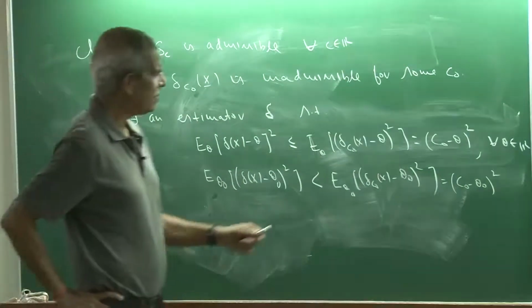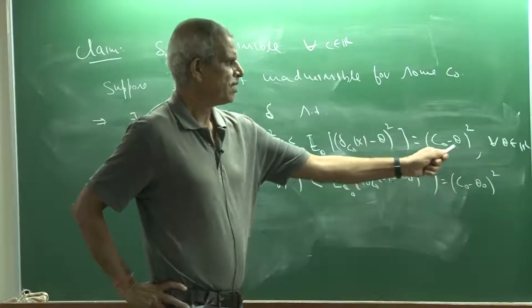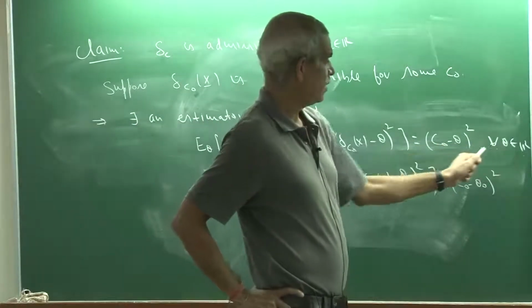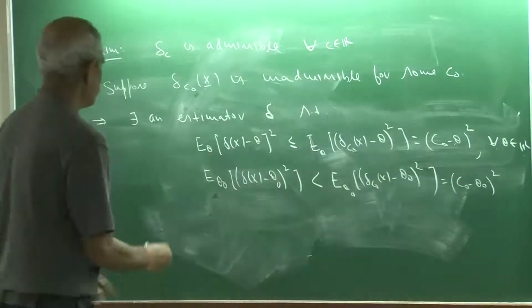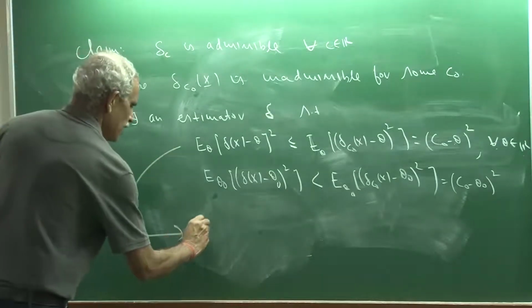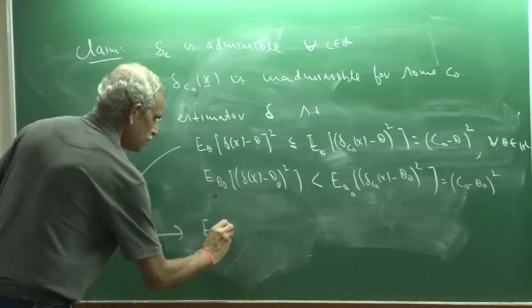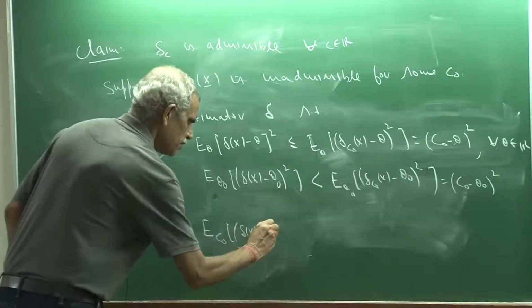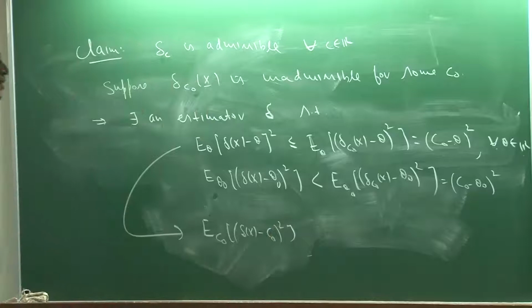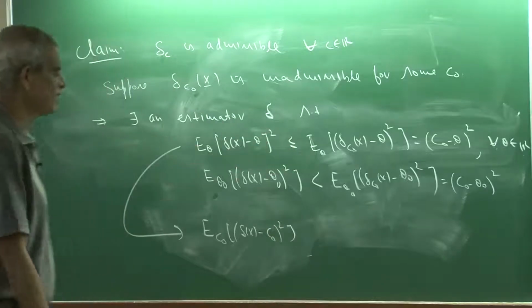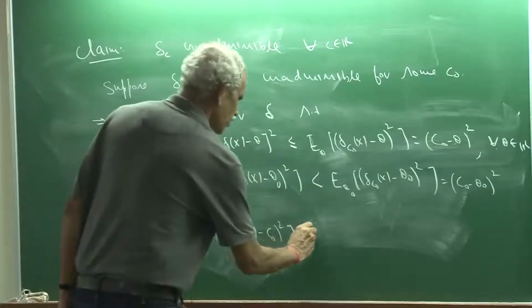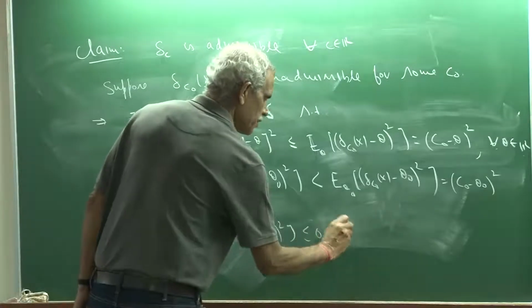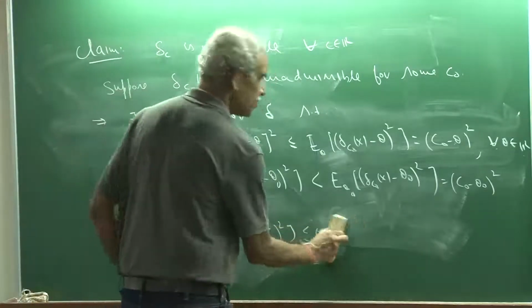What I do over here is, because this is happening for every theta belonging to R, I take theta to be c0. So this implies that E_c0 of (delta(x) minus c0) whole square is always less than or equal to 0. This is what it means.